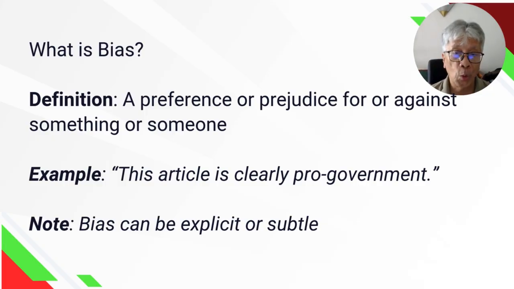So this one is bias. This article is clearly pro without any explanation and makes the prejudice against the government. So it can be against someone, but sometimes bias can be explicit, sometimes it's subtle, and we're going to have a look at that with an example.